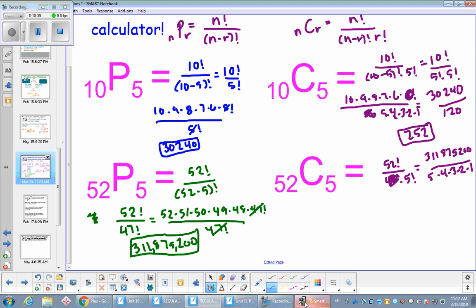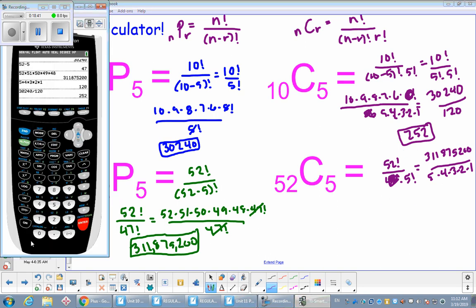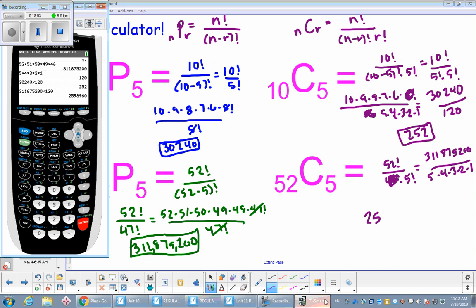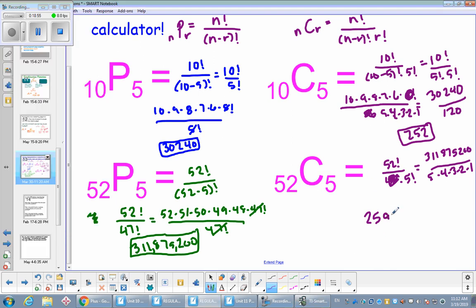So we're going to do that number divided by 120. And that gives me a much smaller number of 2,598,960. So if you notice, that's a much smaller number than the permutation example of that, right?